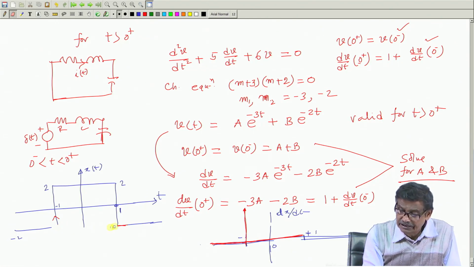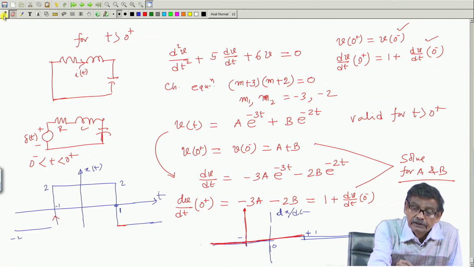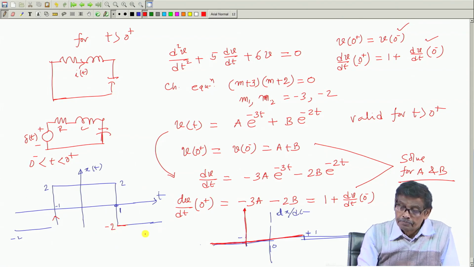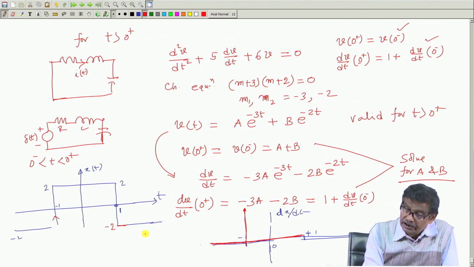This level was -2, this is also at -2, and it is actually going from -2 to +2.